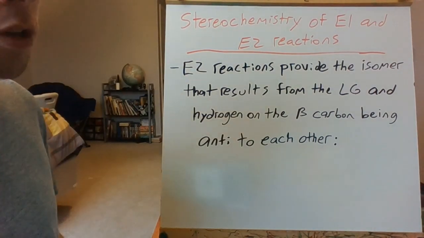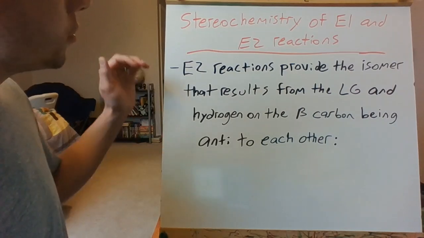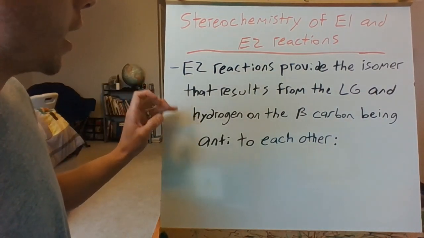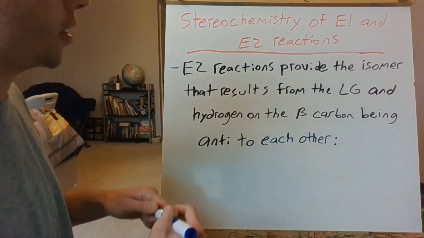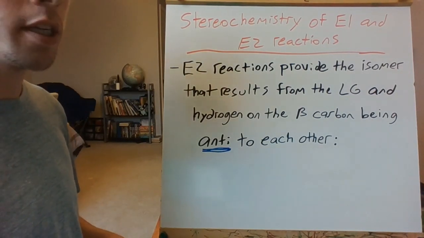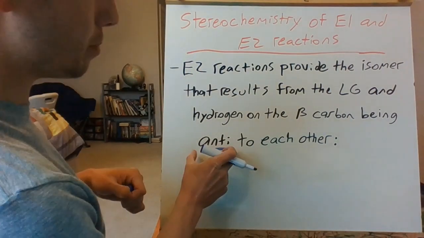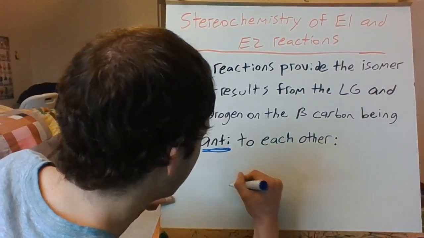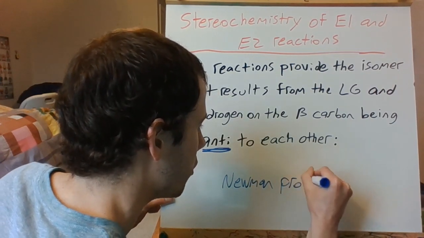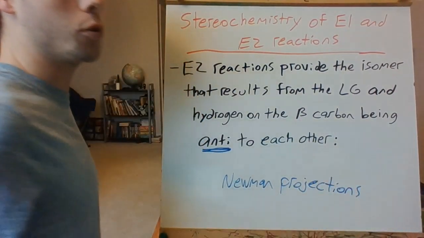All right, so E1 reactions give us a mixture of E and Z isomers, but E2 reactions provide the single isomer that results from the leaving group and the hydrogen on the beta carbon being anti to each other. And so this is very important. Keep this in mind when you're working through different problems. And so what does it mean by anti? Think back to Newman projections.